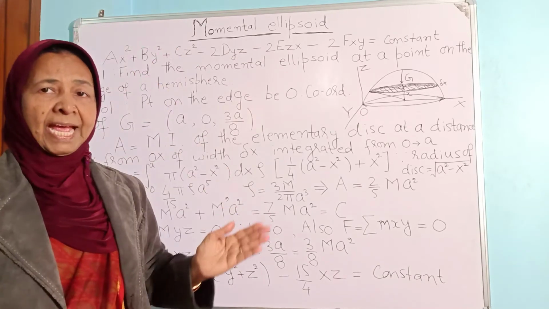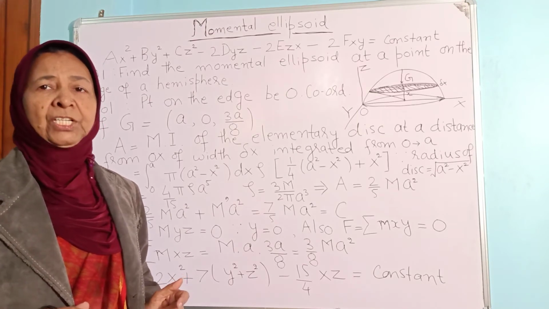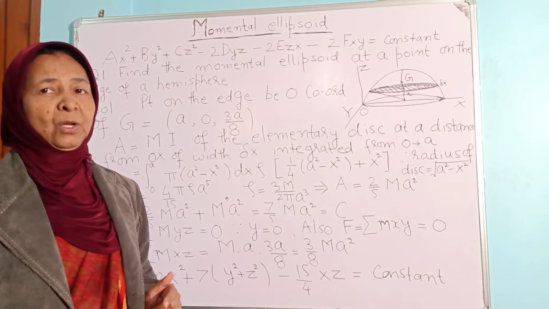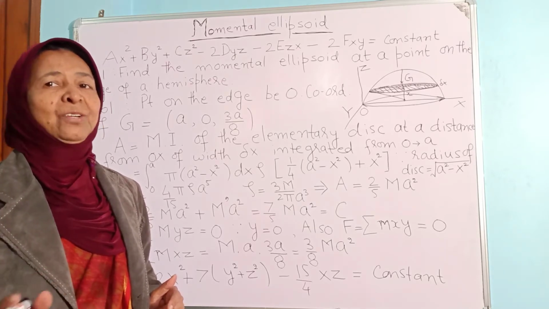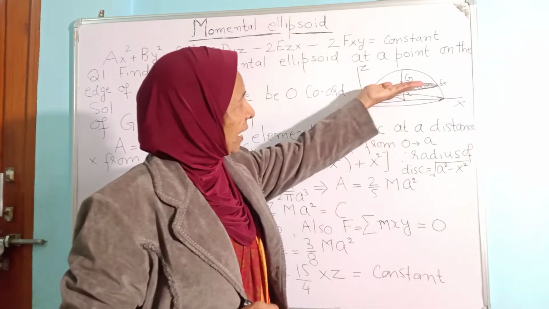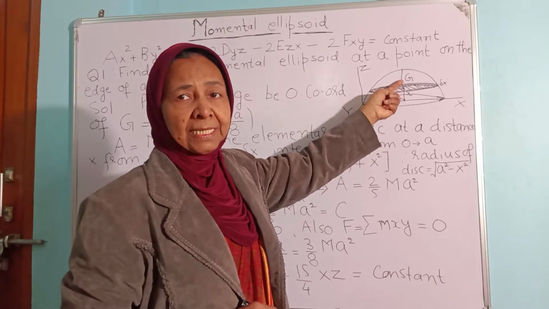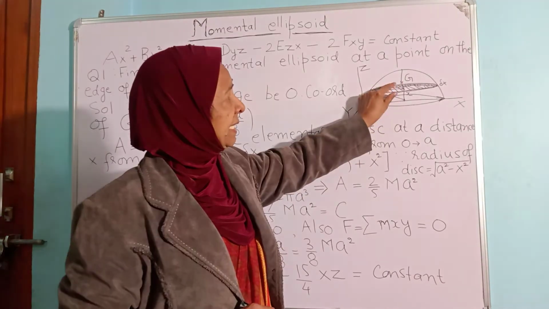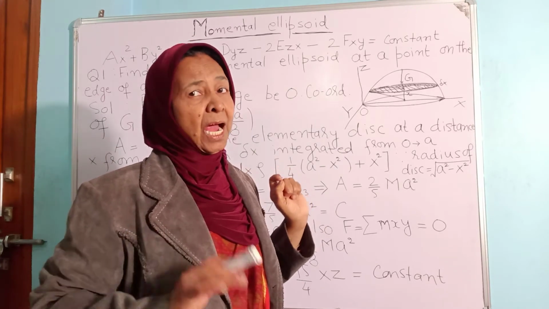Any arbitrary section of a sphere will be a disk, not a ring, it will be a disk. So let us cut it at a distance x from the x-axis. So this is a disk of width delta x I am taking.